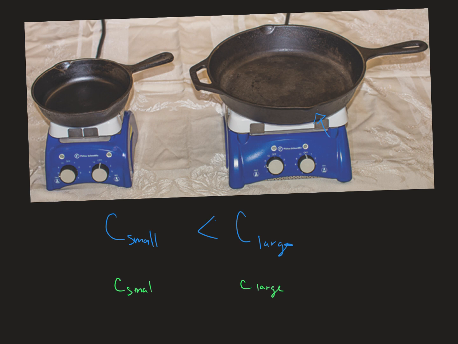Are they made of the same substance? Yeah, they're both cast iron. So yeah, they're equal. The specific heat capacity of a substance is the same. Doesn't matter what object is made out of that substance, right? So this one is more intensive. This is extensive, kind of ish, right?